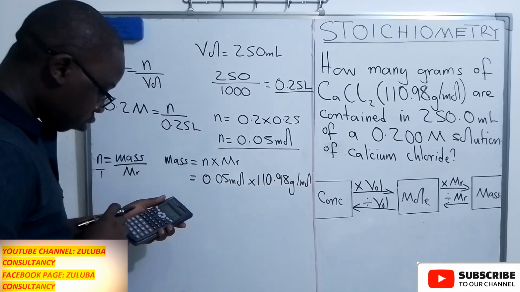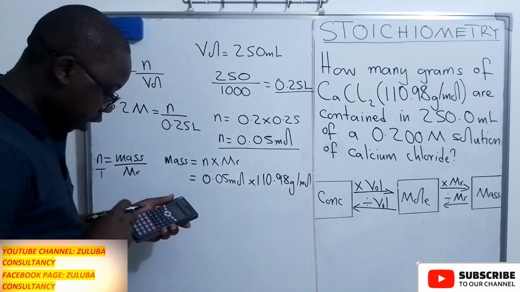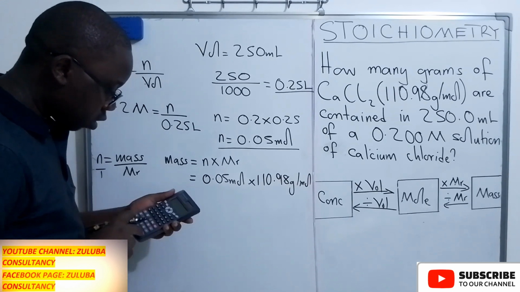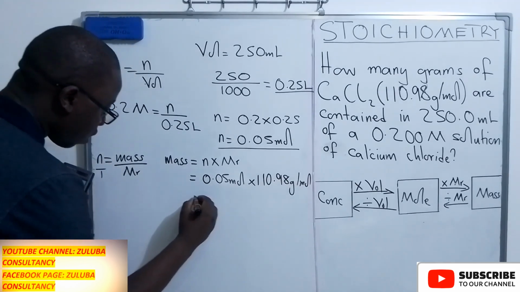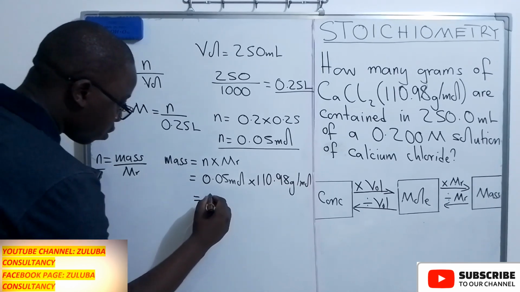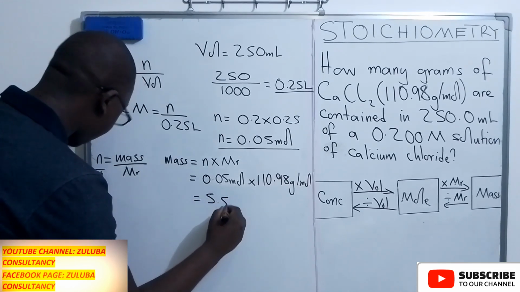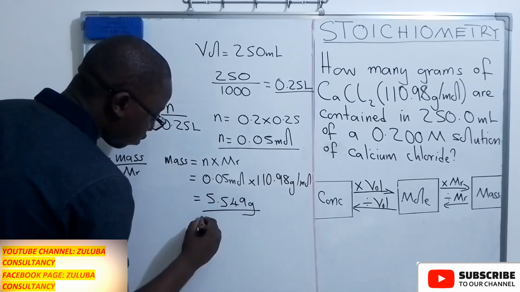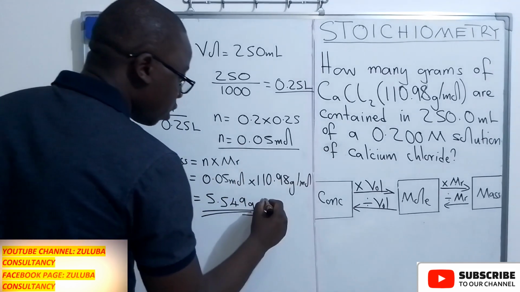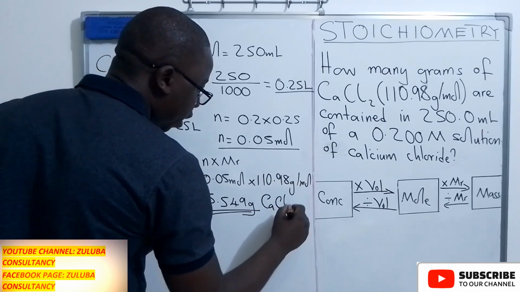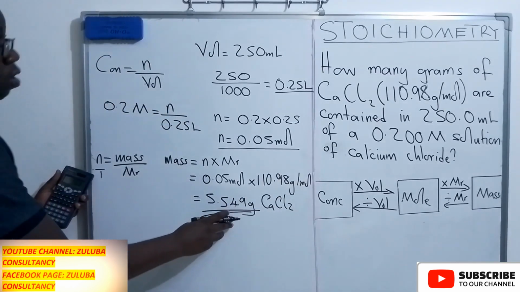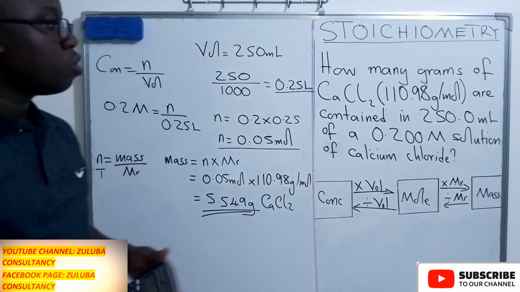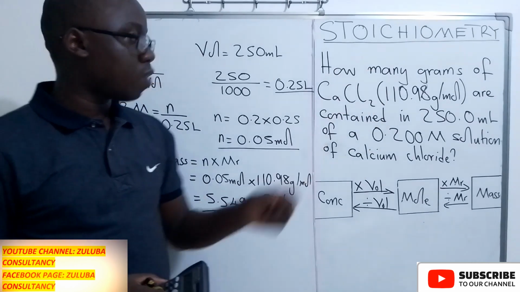So we are multiplying 0.05 and 110.98. We are getting the mass of 5.549 grams as the mass of calcium chloride there. So this is the mass of calcium chloride that we have calculated when you have been given these values.